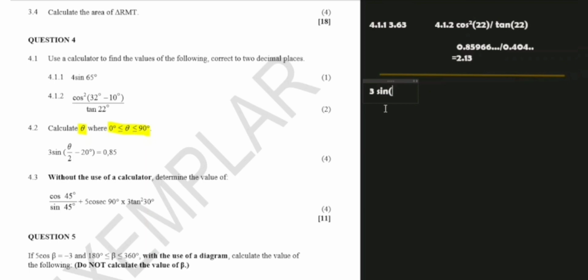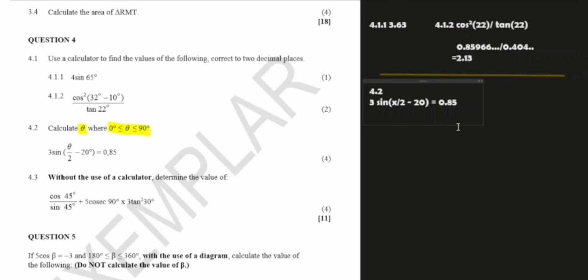Let me just say x, but just know that x represents theta, right? Over 2 minus 20 equals 4.85. So first things first, you want to divide both sides by 3 so that you make sine the subject of the equation.